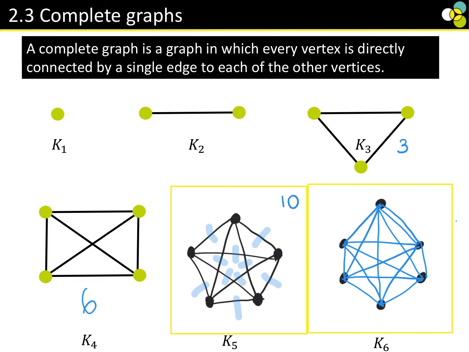For 6 vertices, 1, 2, 3, 4, 5, 6, 7, 8, 9, 10, 11, 12, 13, 14, 15.